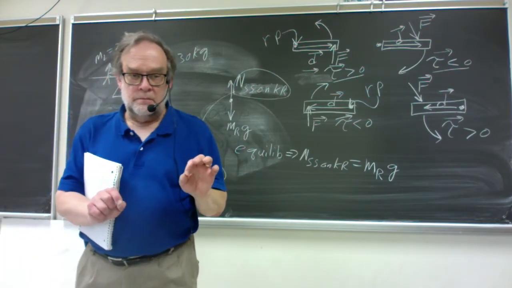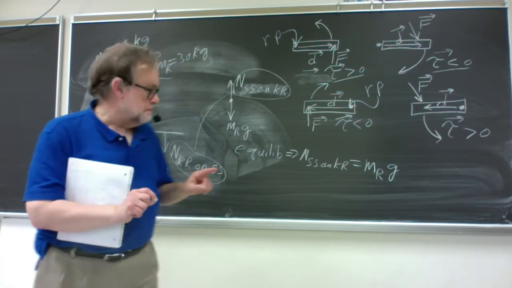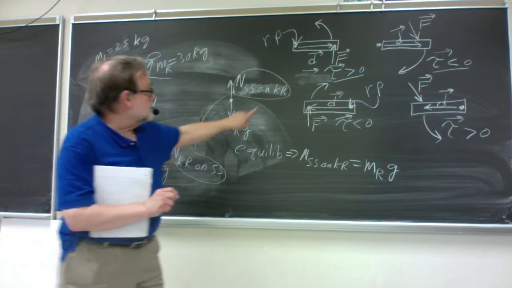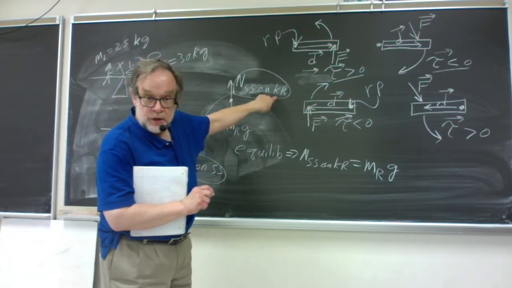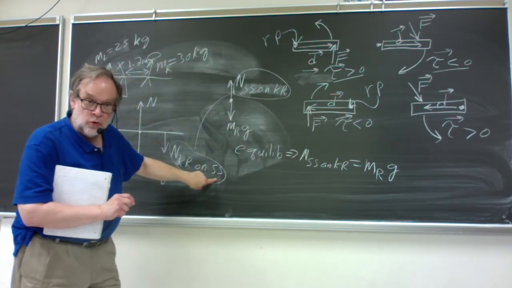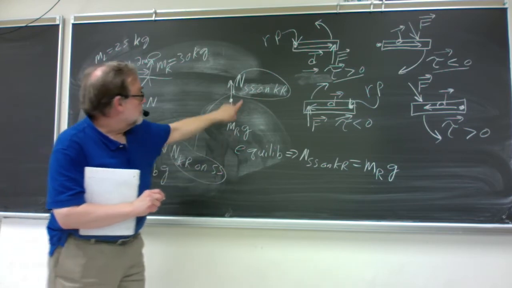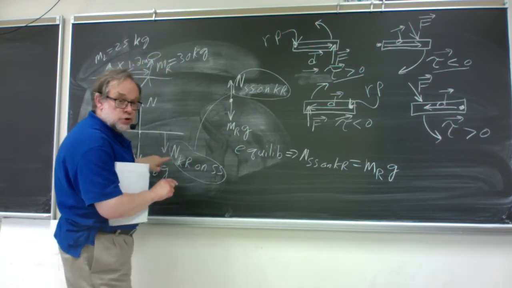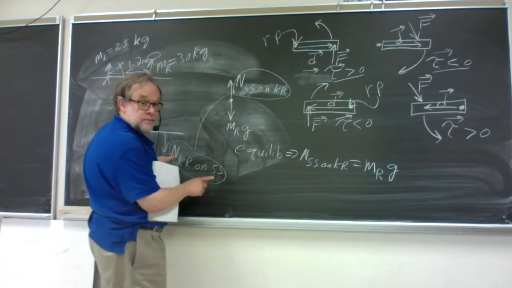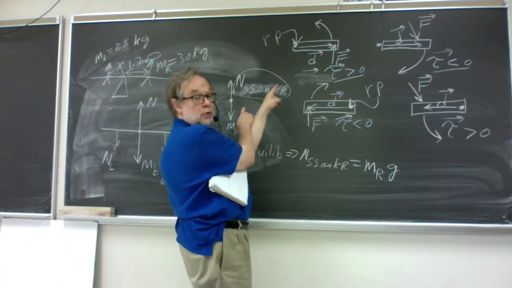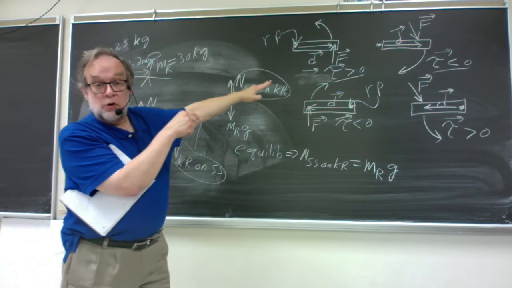And in a third law pair of forces, the source of one force, the kid on the right is the source of this force, becomes the thing that feels the other force. And the thing that feels one force, right, the seesaw feels this force, becomes the source of the other force. Source and receiver have their roles flipped around when you go from one force to its partner force.